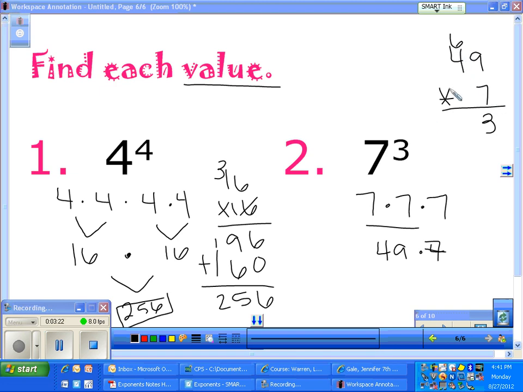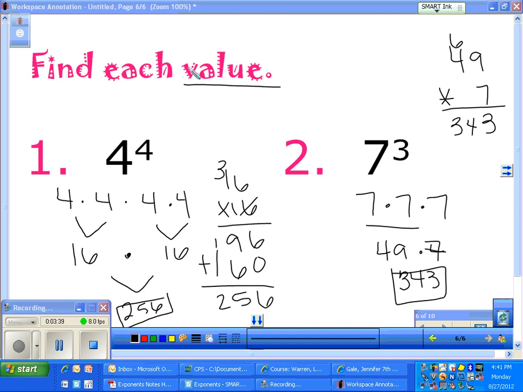Plus 6 is 34. So 49 times 7 is 343. And that is your answer whenever you're finding the value.